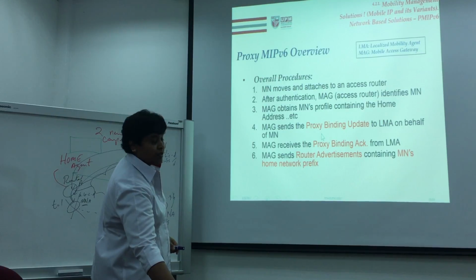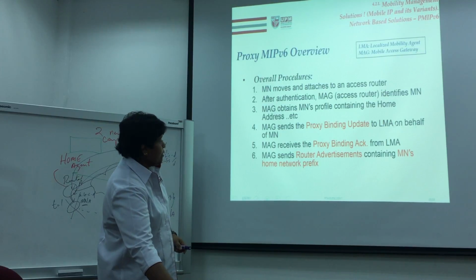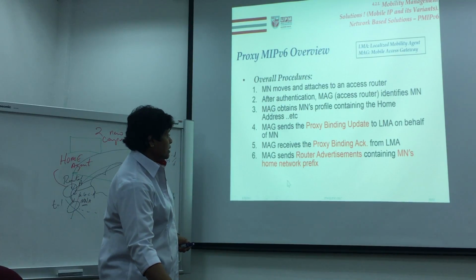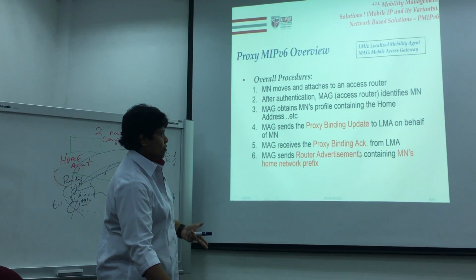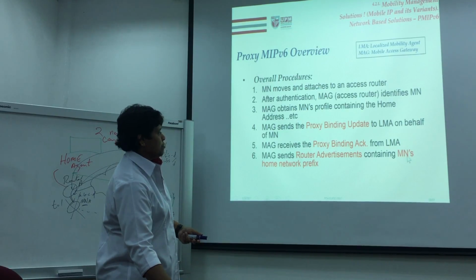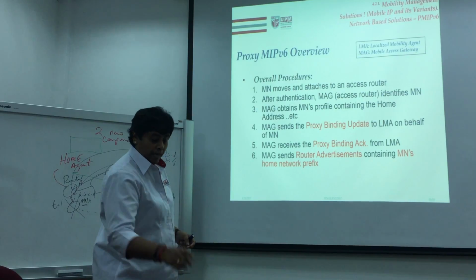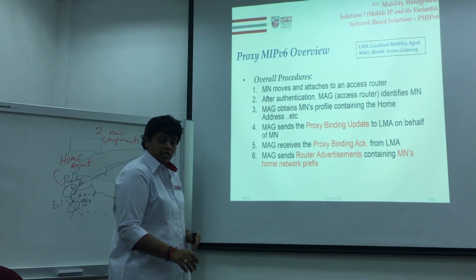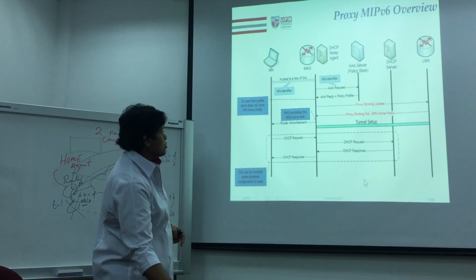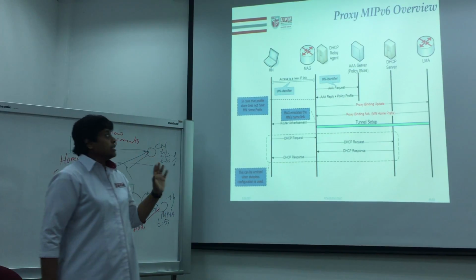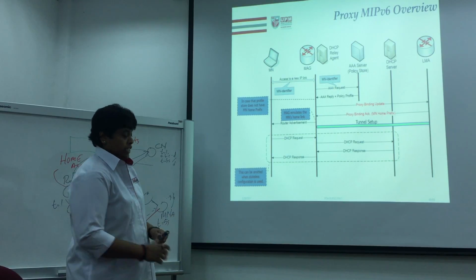The MAG receives the proxy binding acknowledgement from the LMA, and then the MAG sends the router advertisement containing the mobile node's home network prefix. So the MAG does the work, the LMA also does the work. So this is our diagram of all the signaling which are involved in the entire process.